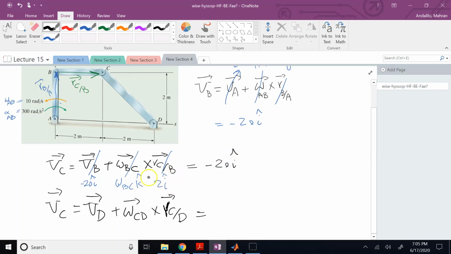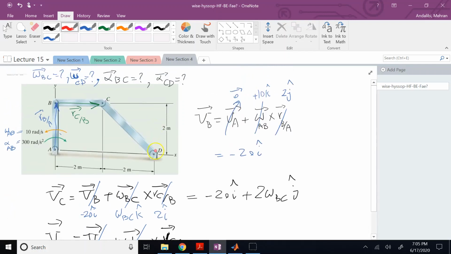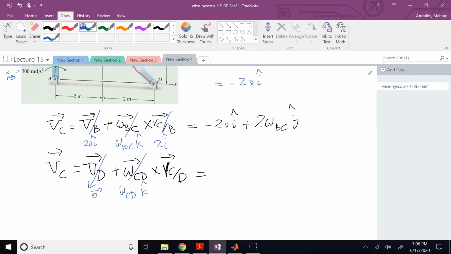Which is J, so it's going to be plus 2 omega BC J. This one, D is a fixed point, so its velocity is 0, and omega CD, again, I don't know its magnitude, so I go ahead and assume that it is positive K. It might turn out to be negative. R of C with respect to D connects D to C like this, which is negative 2 I, positive 2 J.